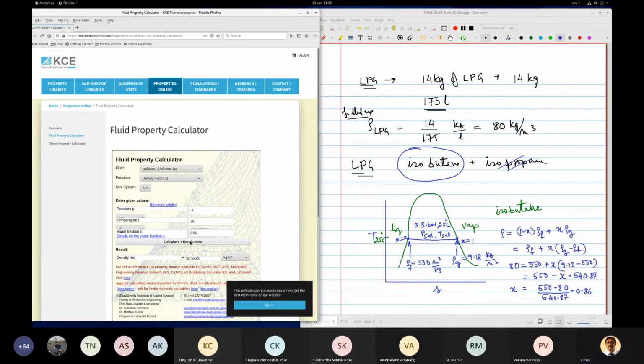No, something wrong. 25 degrees centigrade. I must have done something wrong.